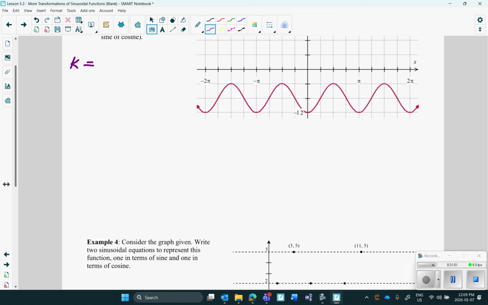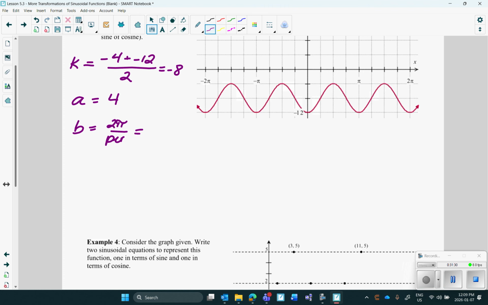K is -8 because it's the max plus the min divide 2, which is -8. A is 4. B is 2 pi divided by the period. It doesn't matter whether you choose a sine or cosine cycle, you should get pi.